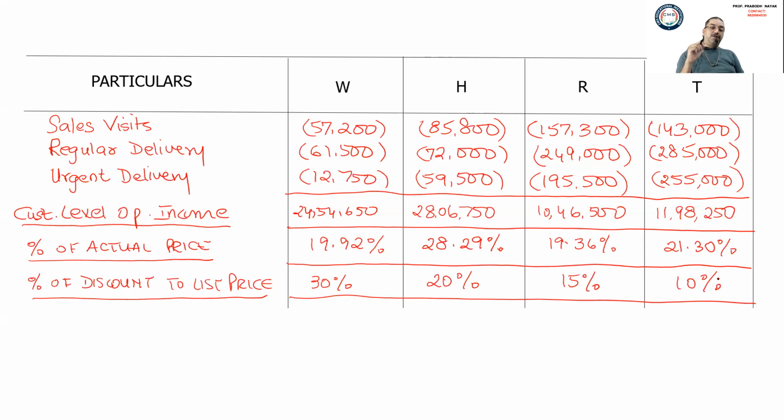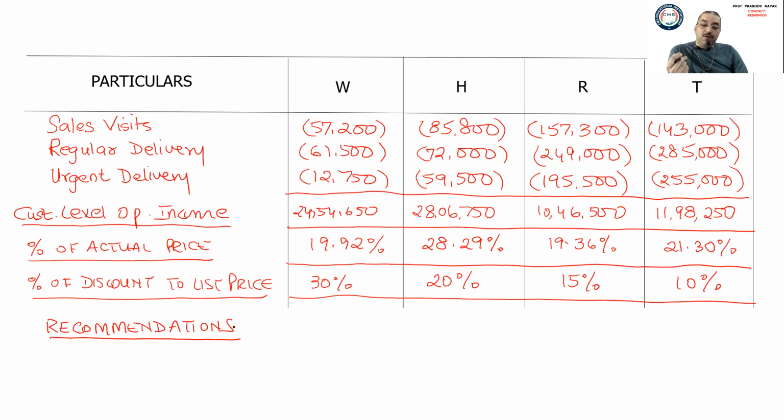Now let us see what is the recommendation that we have applied. If you see the rate of return of W on the actual price is 19.92%, whereas R also is around 19.36%.